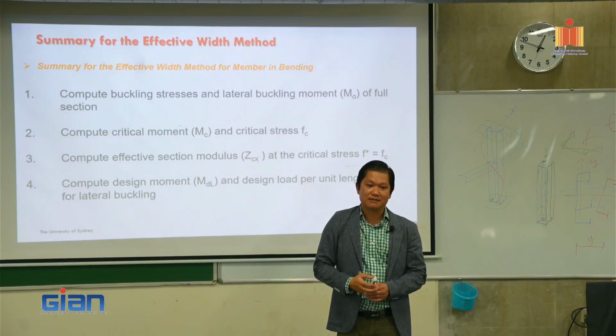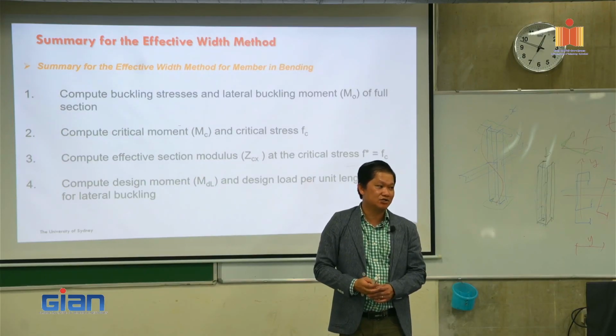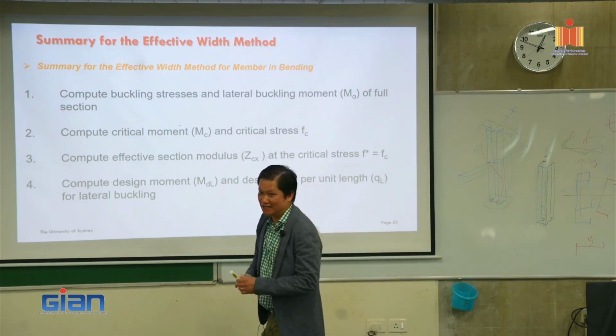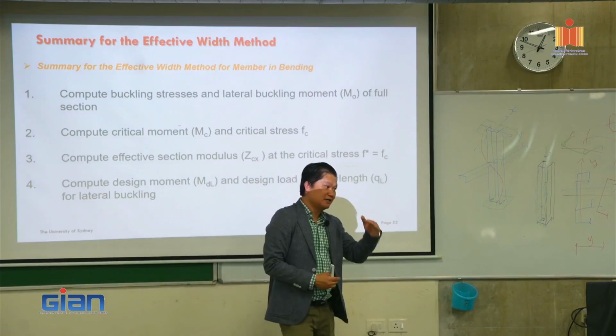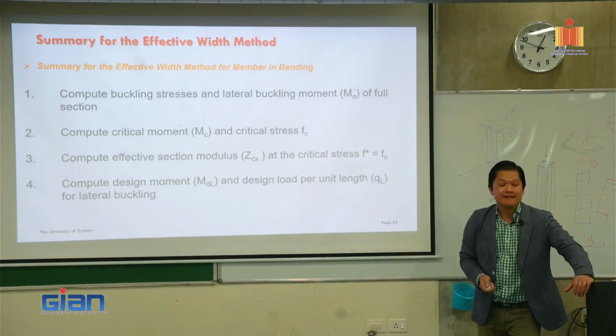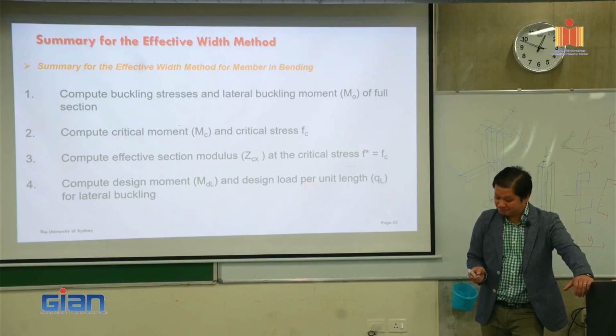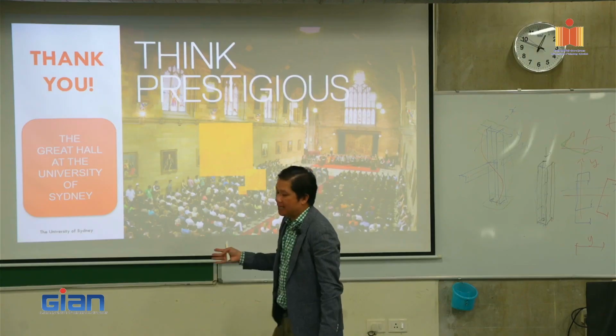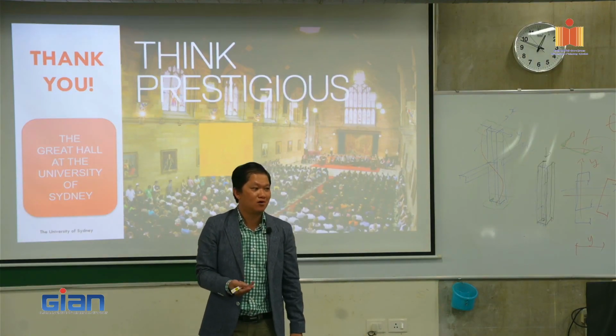You need to make some assumption, and then work it out in a couple of loops, a couple of iterations, until you get the right position of the neutral axis, and then you can calculate that. Okay, so with that, I conclude the lectures on effective width.